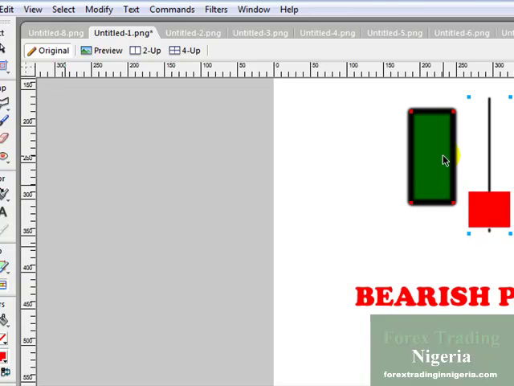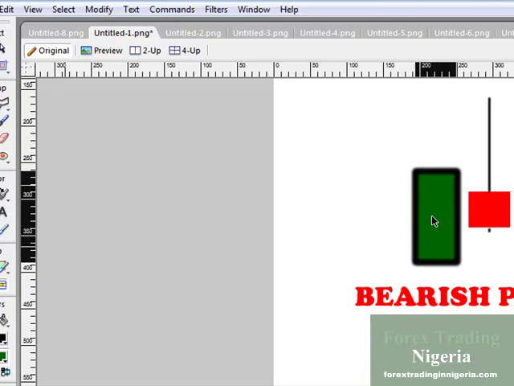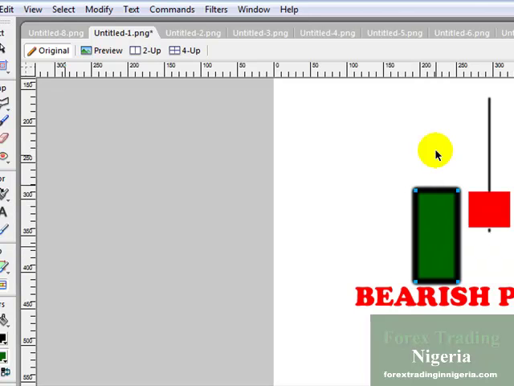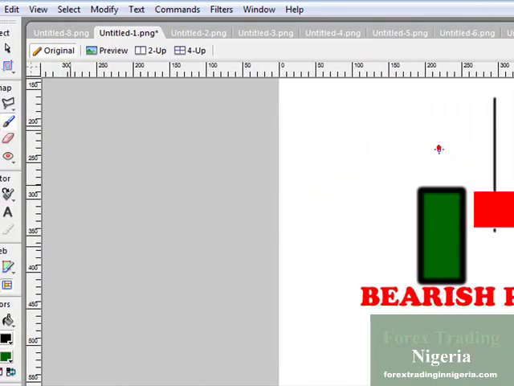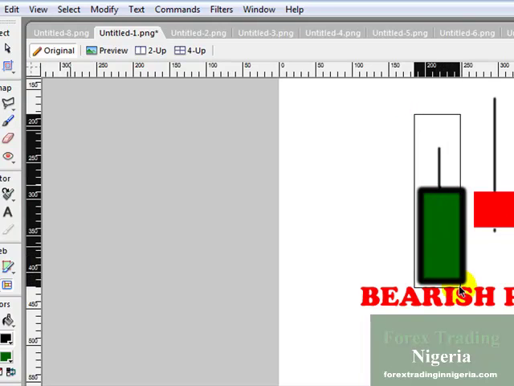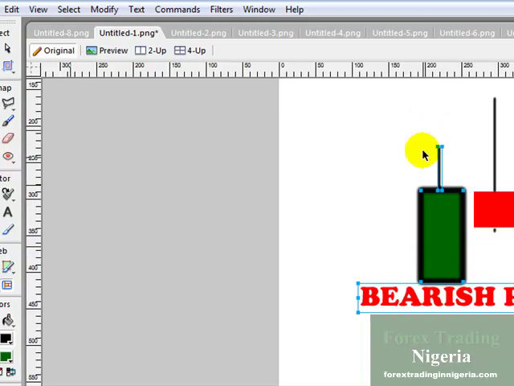Do you get that? The body of this must be within the wick or the body of this previous bar. I hope you get what I'm talking about here.